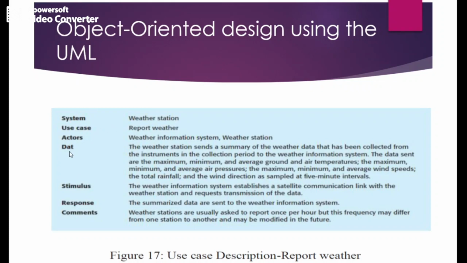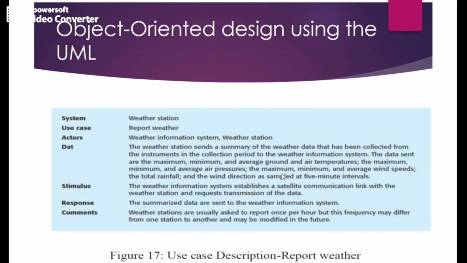Now this is data, or it can be description. The weather station sends a summary of the weather data that has been collected from the instruments in the collection period to the weather information system.